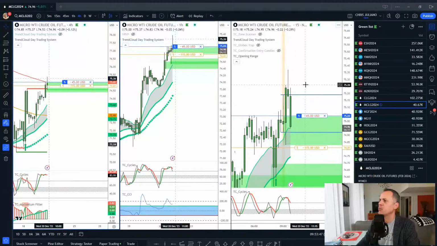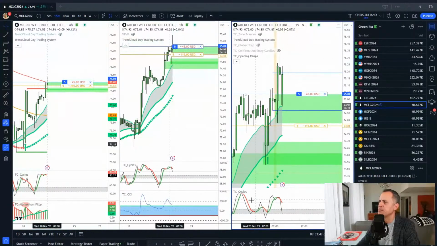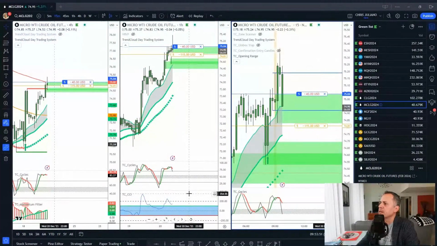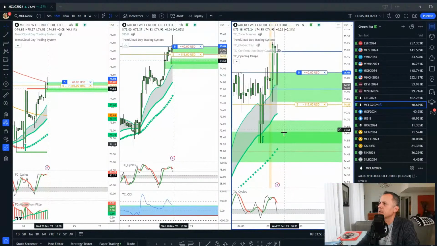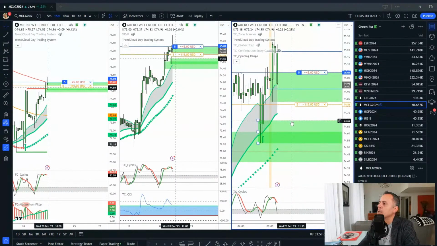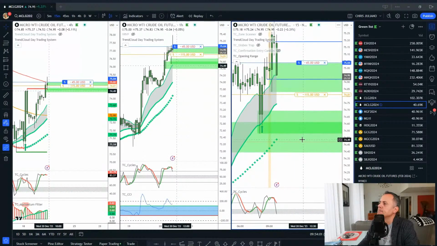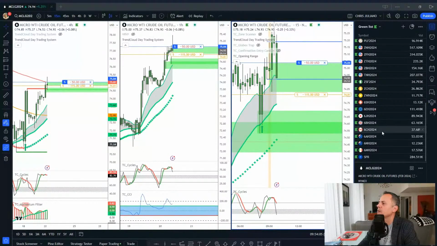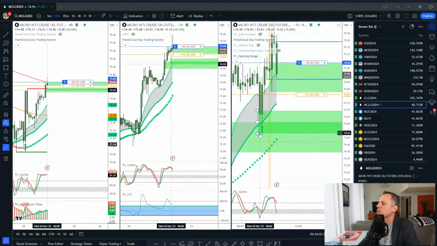Whoa, that's really pulling back deep there. Got a 0.5% risk on that sucker. Does it want to pull back into this area here? That is what we're waiting for.